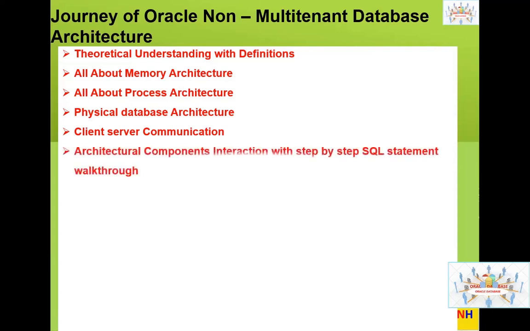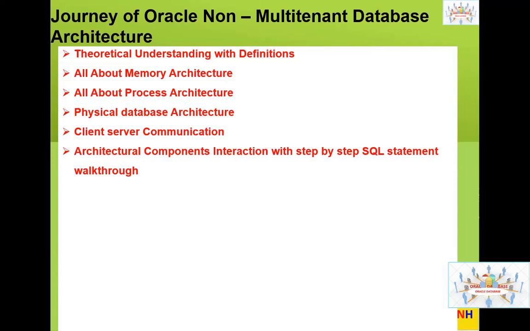Then let's go to architectural component interaction with a step-by-step SQL statement walkthrough. This is very important. Having learned the theory, by this time you will know all the definitions of the components. For example, in the system global area, you have memoptimize and in-memory, and you have the library cache and data dictionary cache within the shared pool.